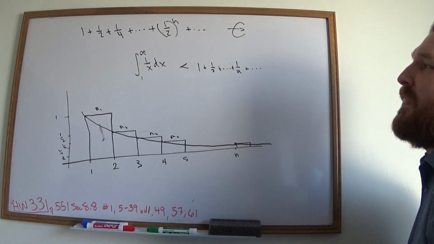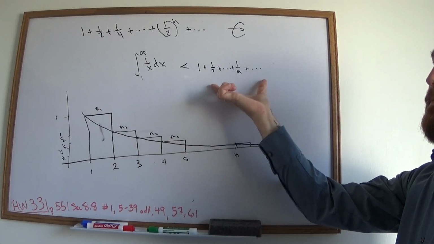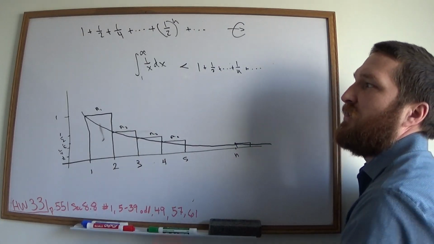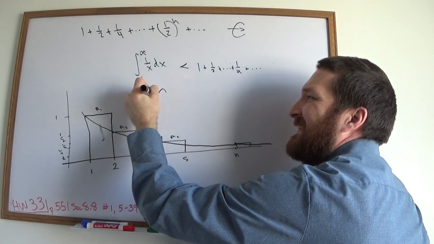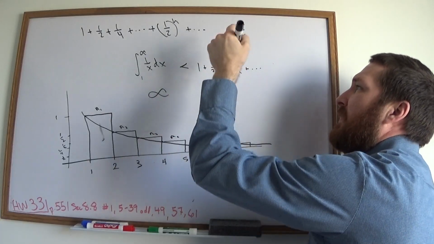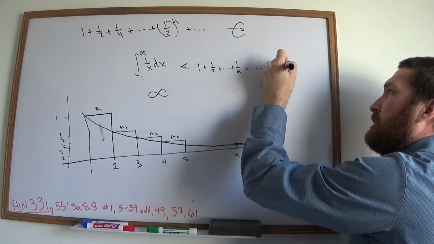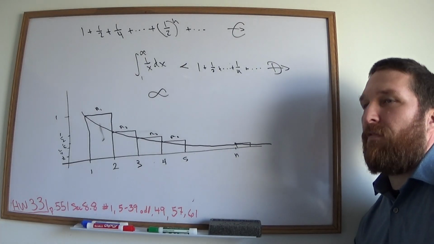But we know that that diverges. If that's infinite, then this must be infinite. This diverges, therefore this diverges. Pretty cool, huh?